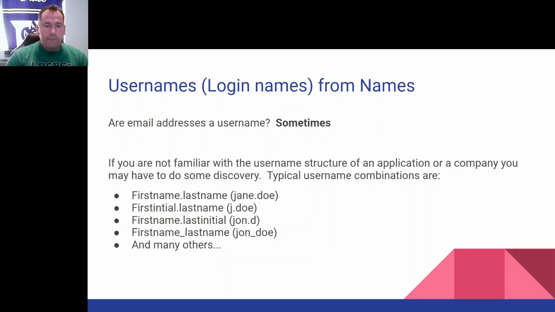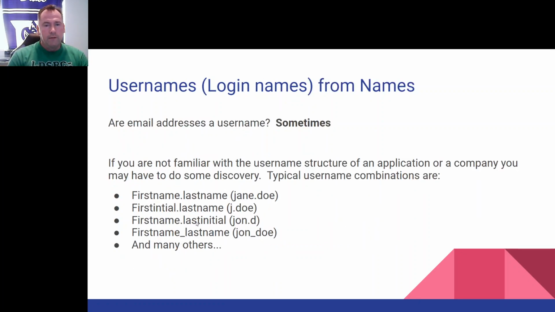So become familiar with different username structures. Here are some that I've listed. These are typical username combinations, which include the first name and last name with a period between them, first initial dot last name like J.Doe, and first name dot last initial, etc.